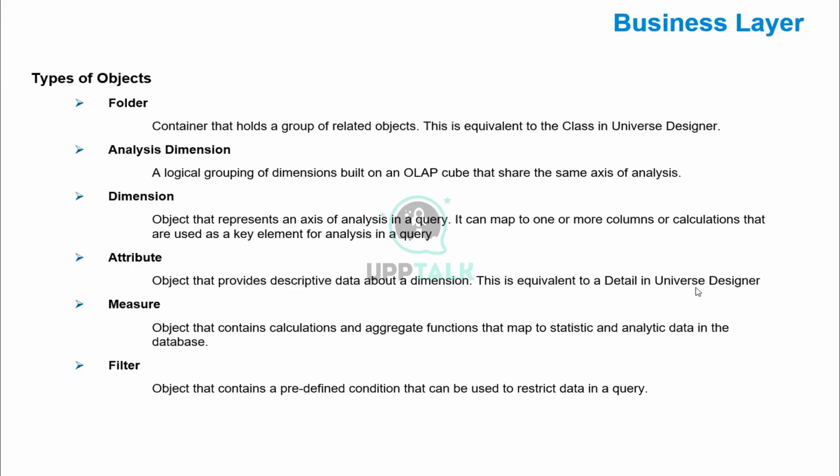This is equivalent to a detail in universe design. In Web Intelligence, we have the object type detail. It is like data about the dimensions. For example, first name, last name. If we have a name and it is split into first name and last name, then we can create a detail or attribute like that.